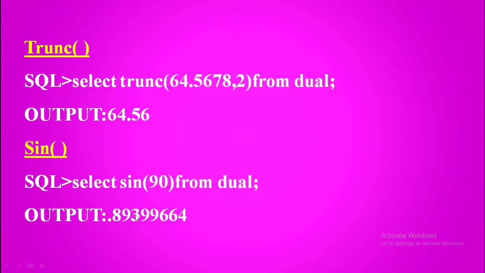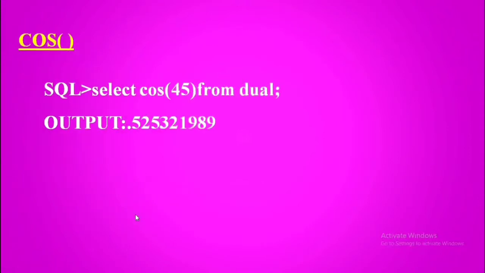Next, the cos function. The cos function is used to display the cos value. This is the command: select cos of 45 from dual. The cos 45 value is here, 0.525321989. This is the output. These are the mathematical functions.